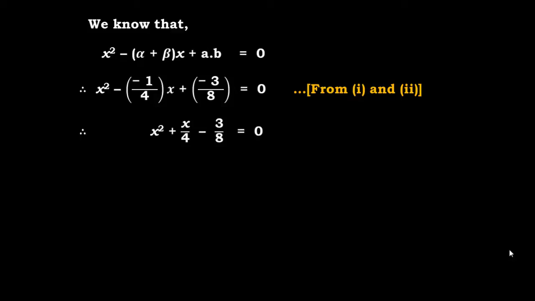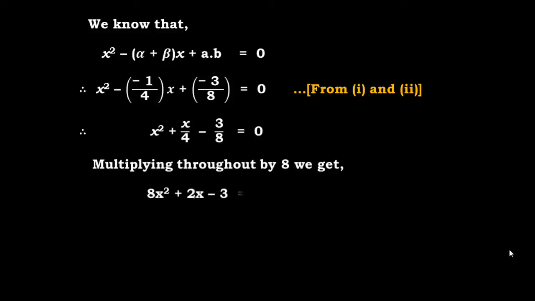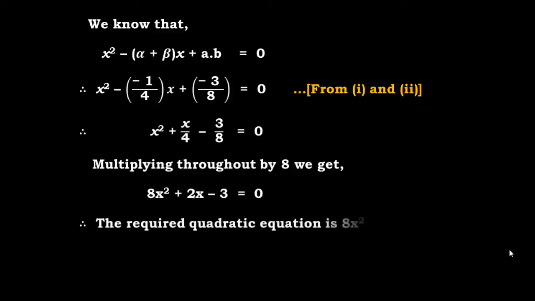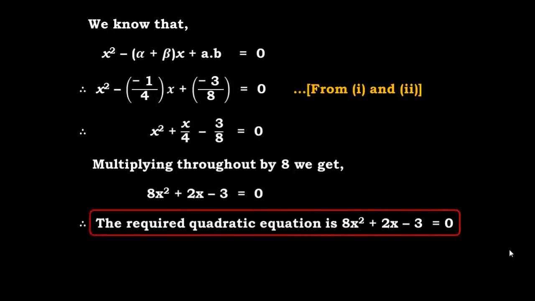That means this denominator is not required. So multiplying throughout by 8, we get 8x square plus 2x minus 3 is equal to 0. So the required quadratic equation is 8x square plus 2x minus 3 is equal to 0.